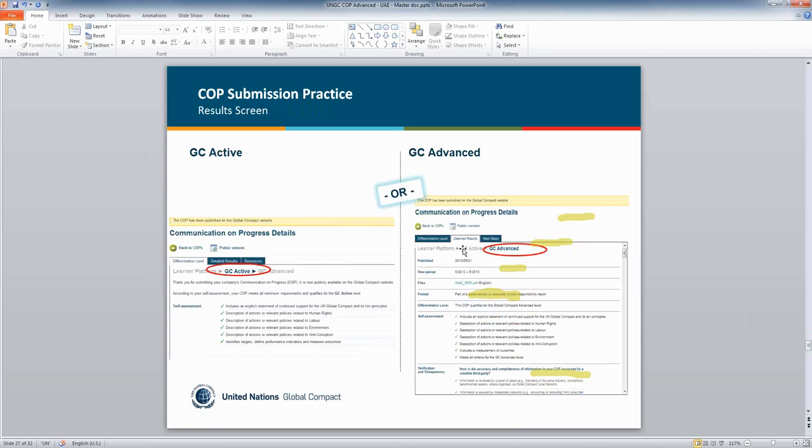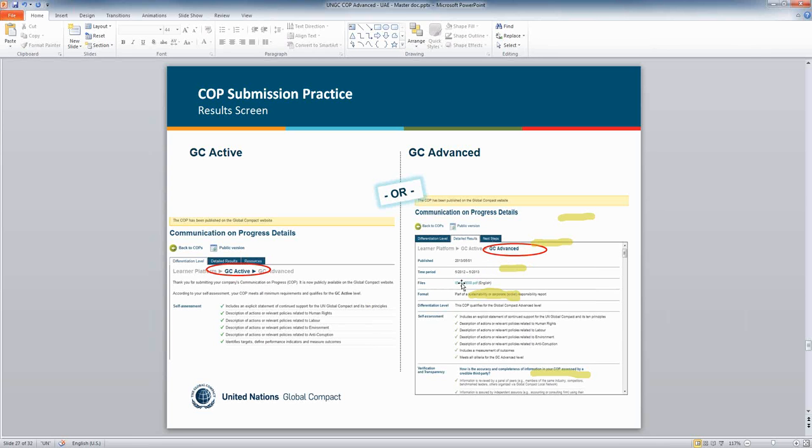This is how it would look. This is what your stakeholders will see in the page of your report. This is an example, by the way. This is not a real company. We made up this company for the sake of this example. So it will show how the company achieved the GC advanced level through its COP.